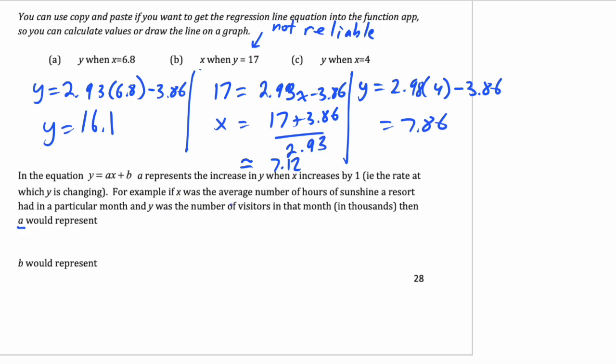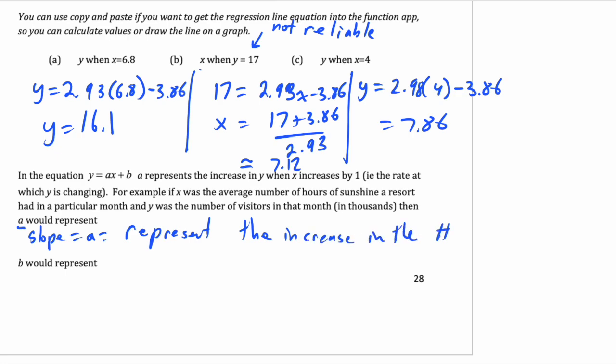So if x is the average number of hours of sunshine, y is the number of visitors, so the slope, or a, represents the increase in the number of visitors per extra hour of sunlight, for instance. So the more sunlight, the more visitors we have.